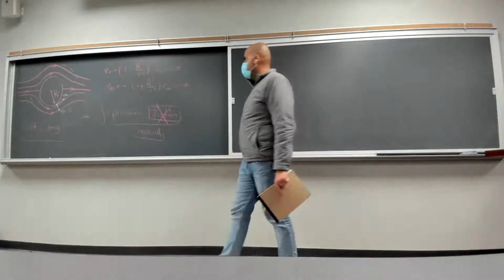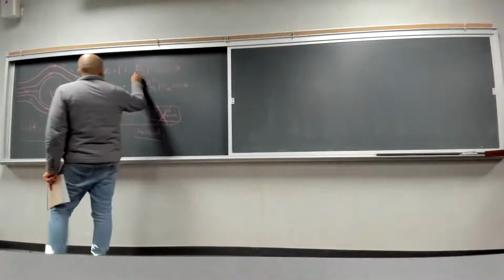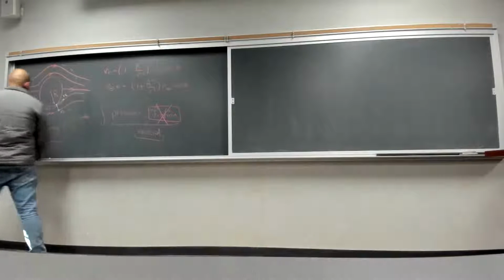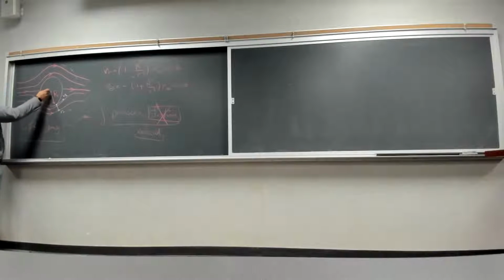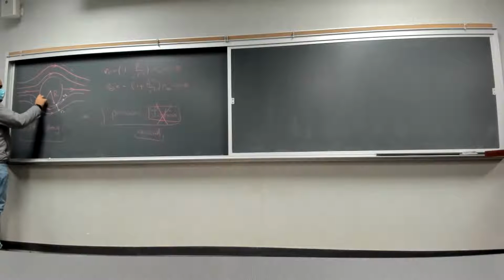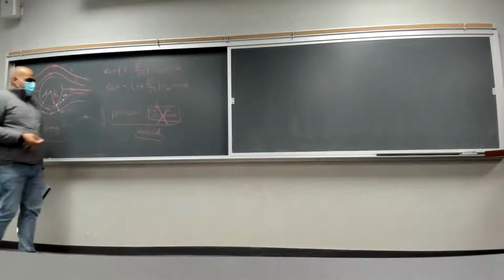That's it. So for this r, which is the distance of any point from the center of your cylinder, to find the velocity at the surface, we just have to say r equals R. So plug that in.